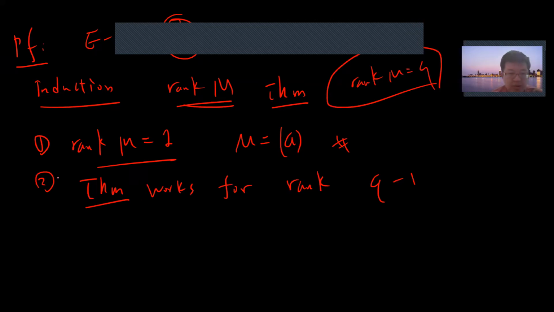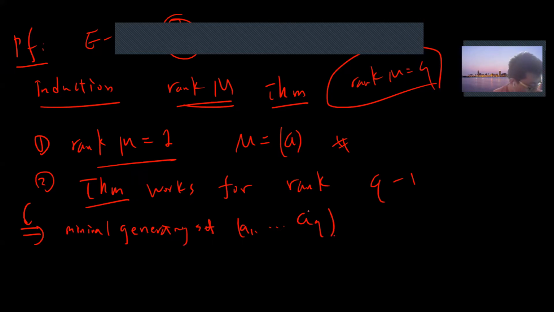Okay, now the key point is that we start to prove. Suppose we get some minimum generating set, such as A1 up to AQ. Suppose we have a relation such that N1 A1 plus up to NQ AQ equals 0.